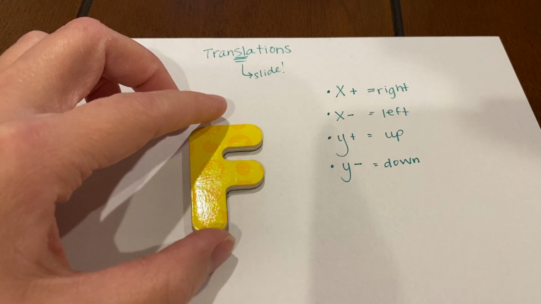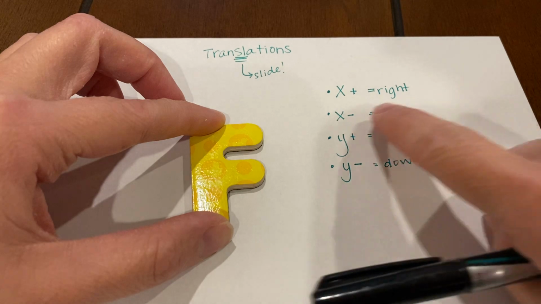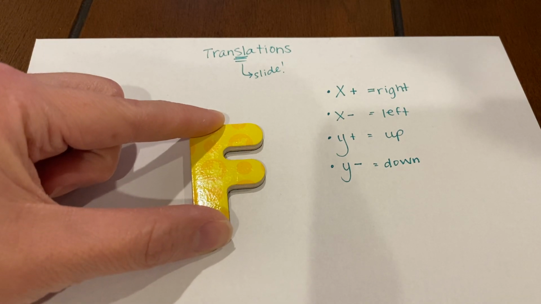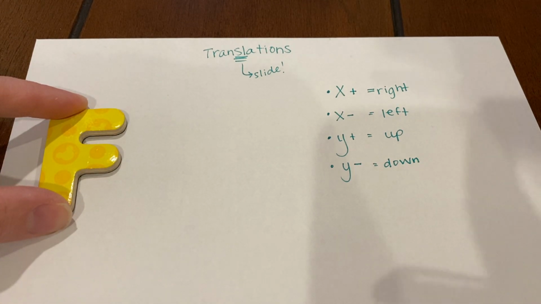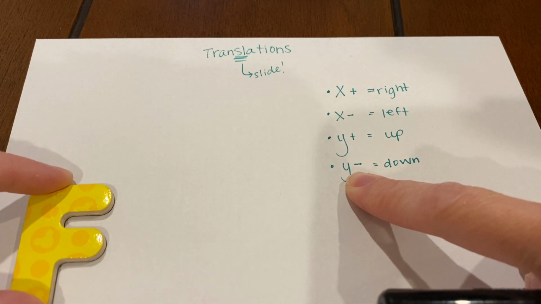Or it could say X minus, which would mean it would go left, the number of spaces that it tells you. So X minus 5, it would go left 5, 1, 2, 3, 4, 5, and then it might tell you to go Y minus 3, 1, 2, 3.